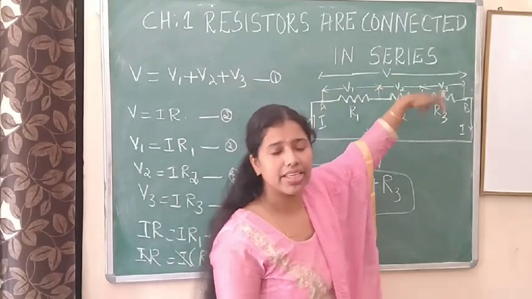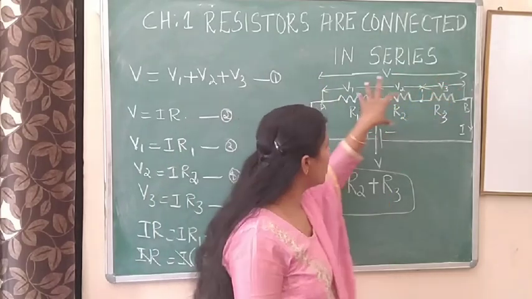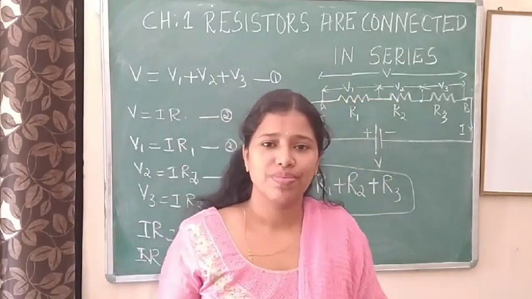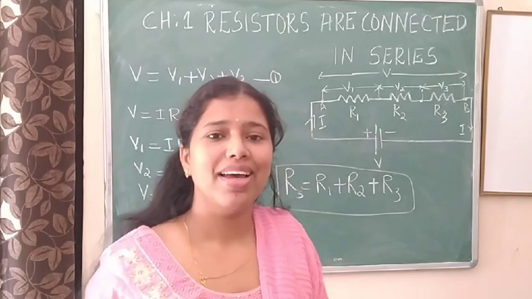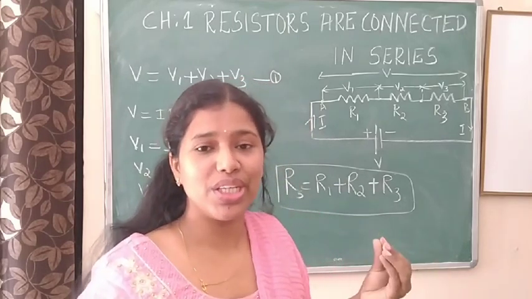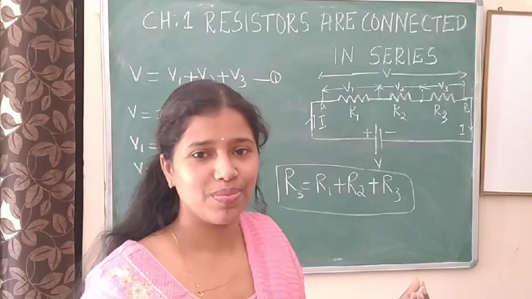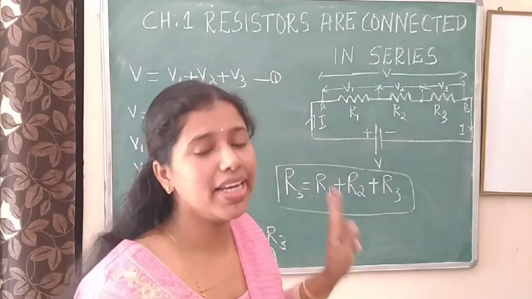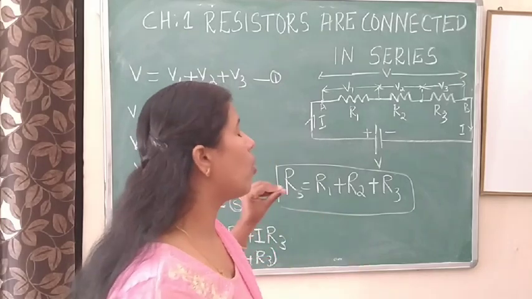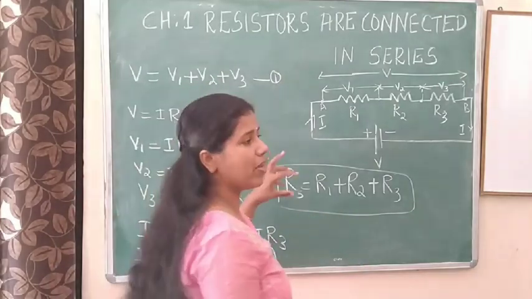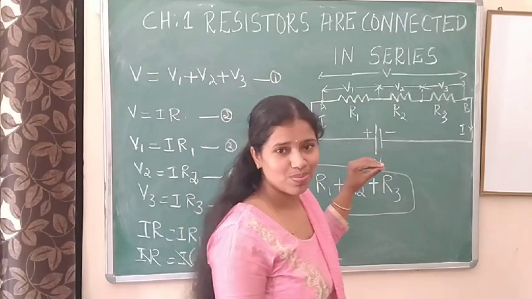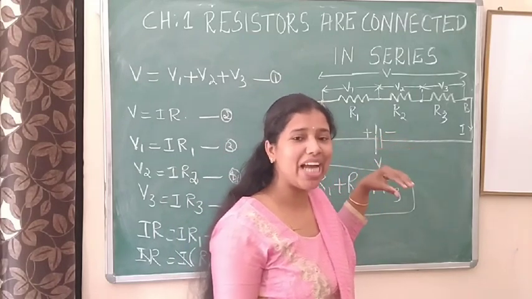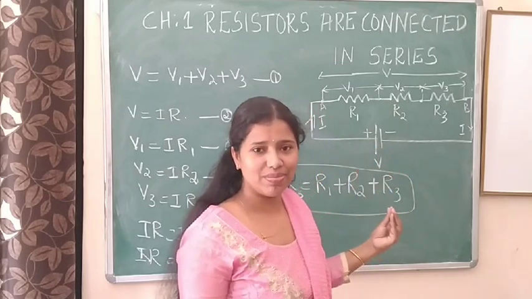If one side is damaged or fused, then the other devices also cannot work. That's the second limitation. That's why in homes, in domestic circuits, we do not use the series combination. We use the parallel combination.